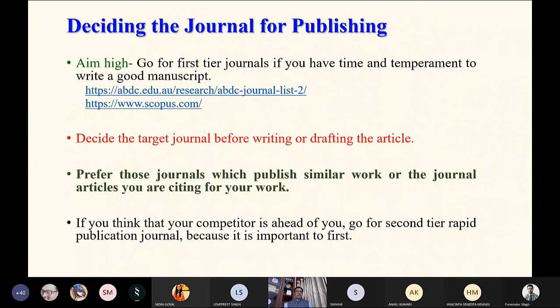Now we have to decide which journal we have to choose. Normally I suggest to my scholars that they choose journals that belong to the ABDC index list. This is the list that all the IIMs normally use for publishing their research manuscripts, along with the Scopus index.